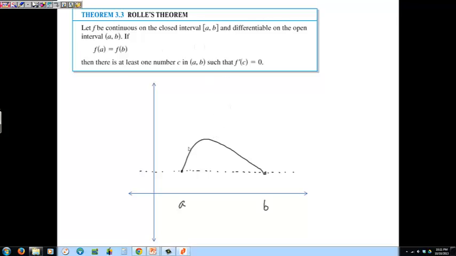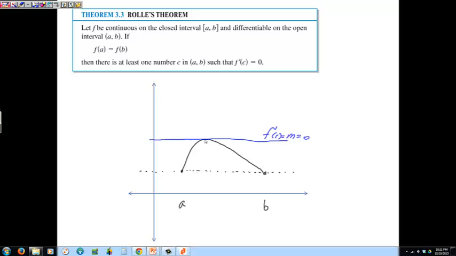Does that make sense? That somewhere we're going to be able to draw a line where the slope is going to be 0. Somewhere between there it has to have a slope of 0. Or shall we say the derivative is 0.